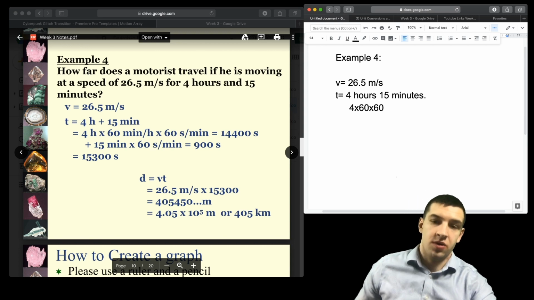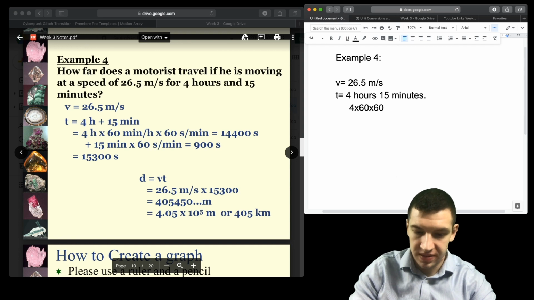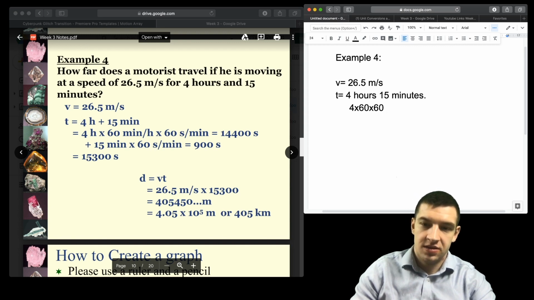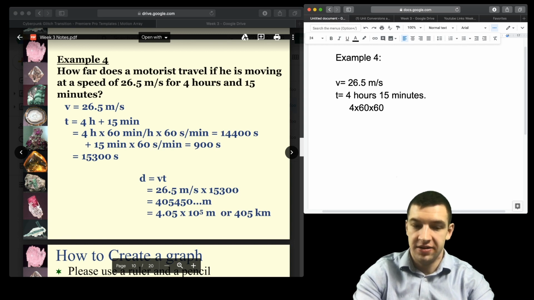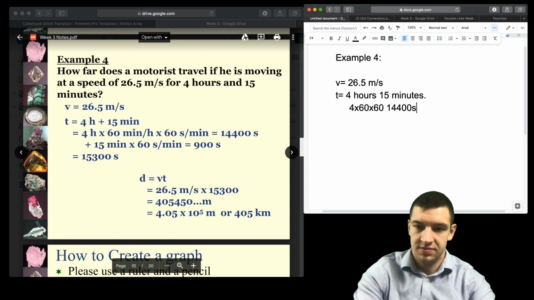So let's pull out the calculator here. Four times 60 times 60. So in 4 hours, there are 14,400 seconds. Okay?